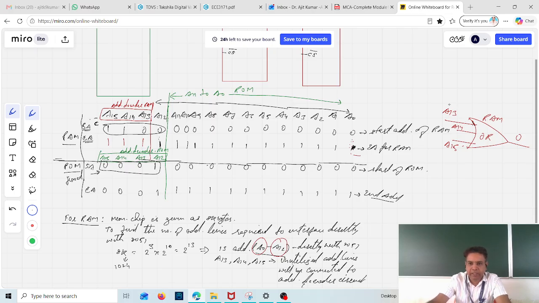So from that context, if A13 is given as zero, A14, A15, okay, this is A13, which is supposed to be zero.